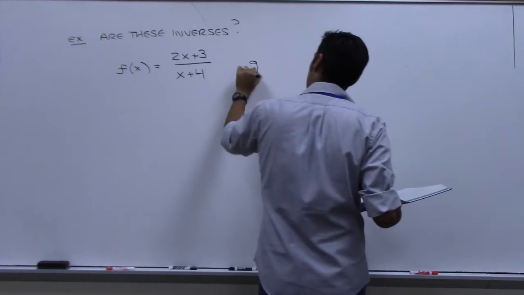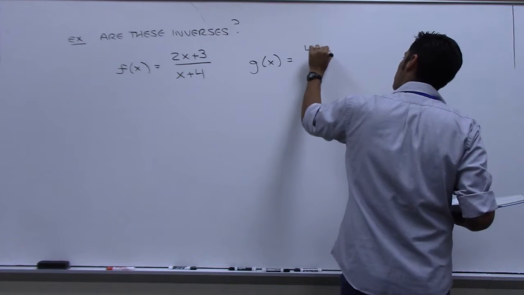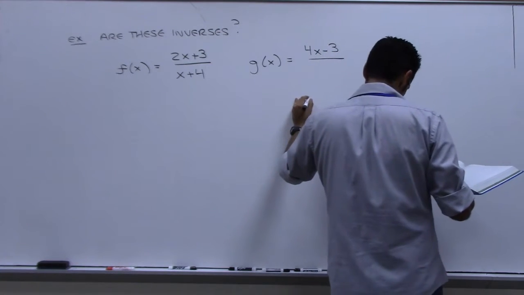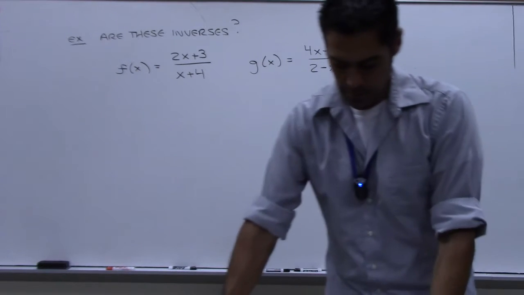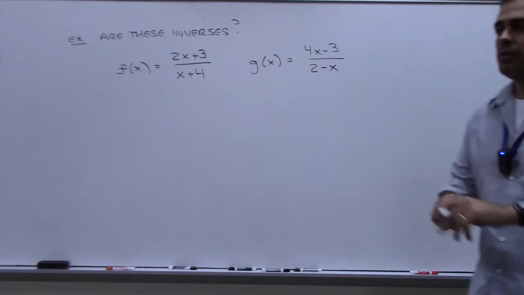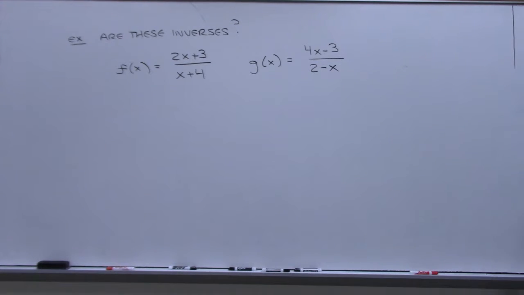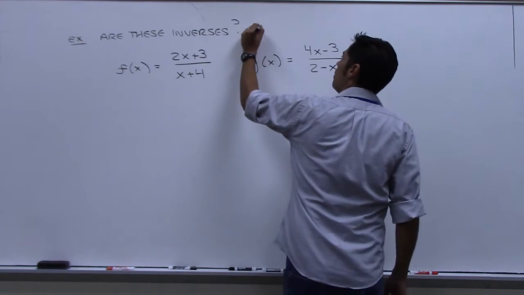And then g of x equals 4x minus 3 over 2 minus x. All right, this is a more challenging problem. Do these functions undo each other? And let's do find domain.